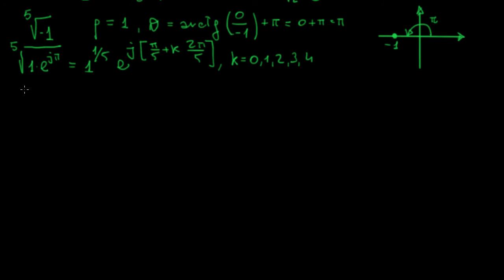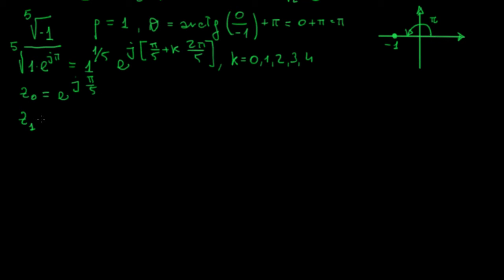So let's first evaluate z sub 0. Well, z sub 0 is simply given by 1 raised to 1 over 5, which is 1. I will not rewrite this modulus; I assume that 1, of course, is in front of each expression. So this is e raised to j pi over 5 because k is 0.